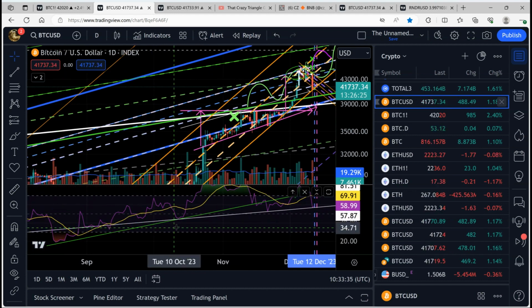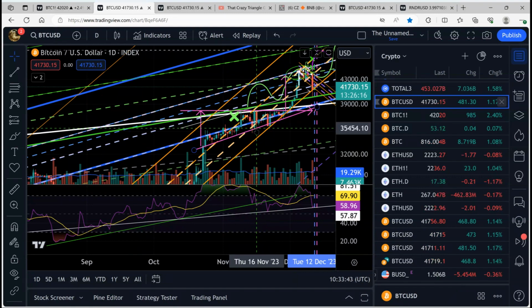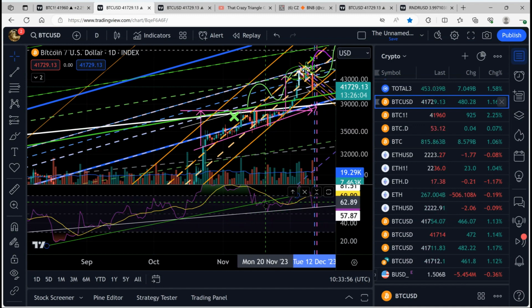Support here and here and here, and then we fell through it with these weird shakeout moves. We had a huge wick, a huge candle upwards and a huge candle downwards. And the same thing here, a huge candle downwards followed by a huge daily candle upwards, where we were breaking through this trend line.